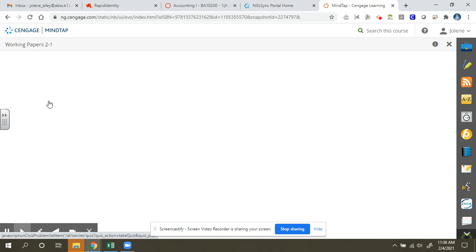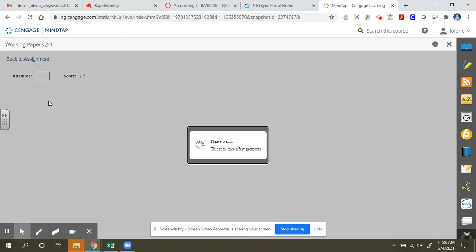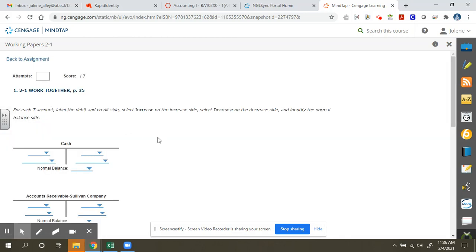This is also on page 35 of your book in the textbook. All right. So it tells us for each T account, and you see this is a T, label the debit and credit side. Select increase on the increase side, select decrease on the decrease side, and identify the normal balance.